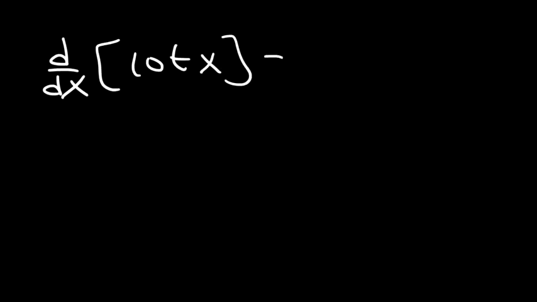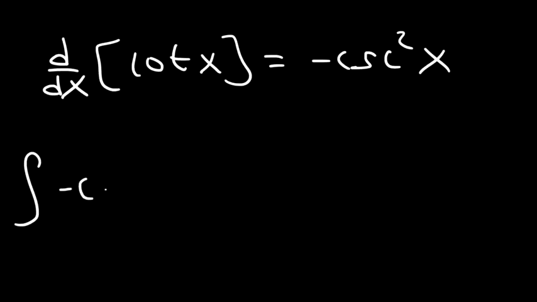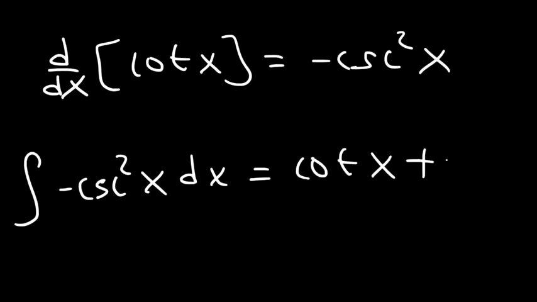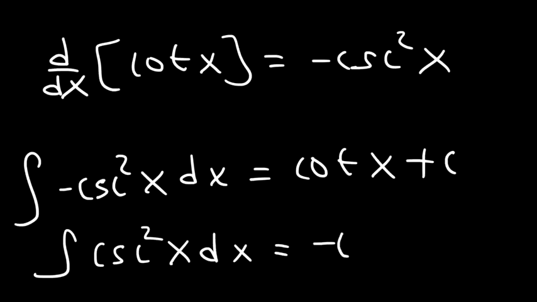Now the next one, we know that the derivative of cotangent is negative cosecant squared. So the antiderivative of negative cosecant squared is cotangent. And the antiderivative of positive cosecant squared is going to be negative cotangent x.